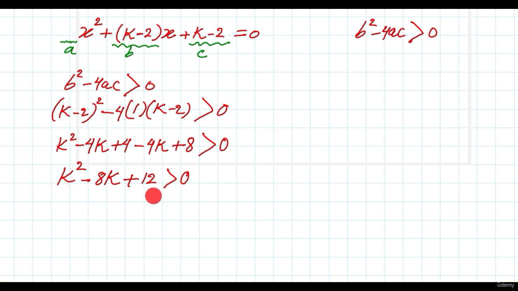Then where this curve becomes positive, we can look at the equation on the left side. You see that it's a quadratic equation with a positive leading coefficient. I mean the quadratic equation in terms of k, not in terms of x. It's like we have a new quadratic equation. Therefore, the leading coefficient here is 1. As long as the leading coefficient is positive, if you want to sketch this equation, the curve looks like this. So it's concave up.